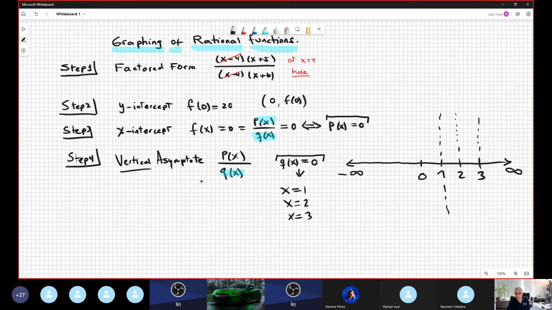And this is important because we use this asymptote to represent the partition of the whole real number line. Suppose the solution for this equation, which represents the x-intercept, is x equals negative 1.